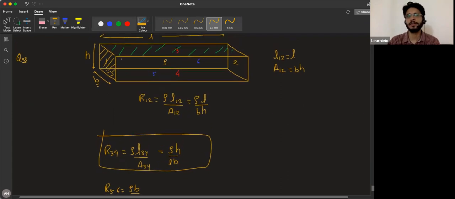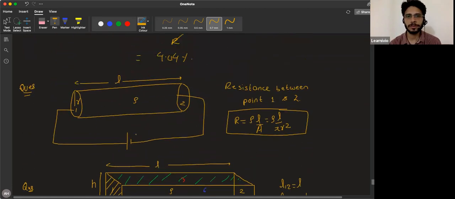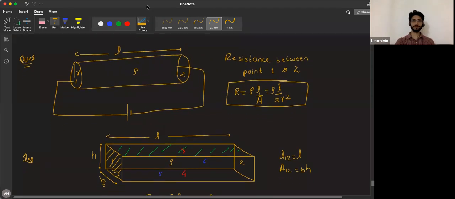One side is L, another is H, so area is L into H. So R56 is rho B by LH. So this is another type of question on resistance and resistivity, where a conductor is given, and length and area of cross section are known. Note it down. Is it clear? Okay, note it down.